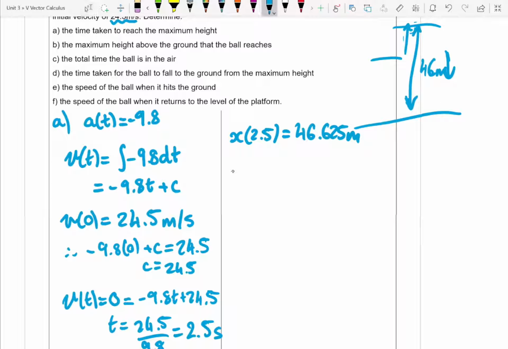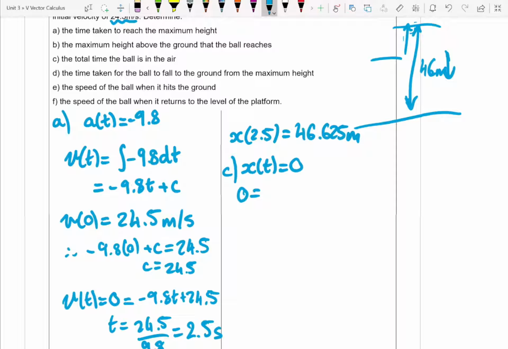Part C is asking us to find the total time the ball is in the air. So all we need to know is when does the ball reach the ground? So when is x of t equal to 0? So we let 0 equal the equation that we just developed.